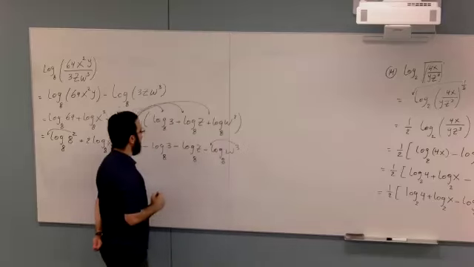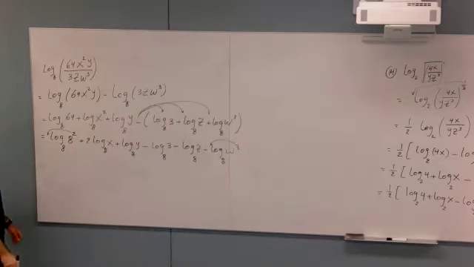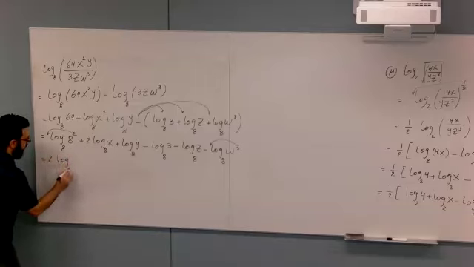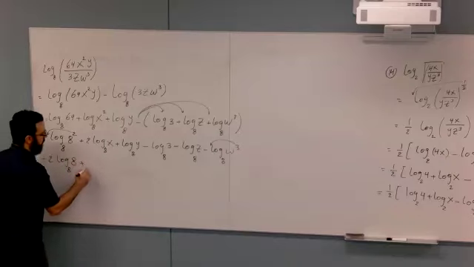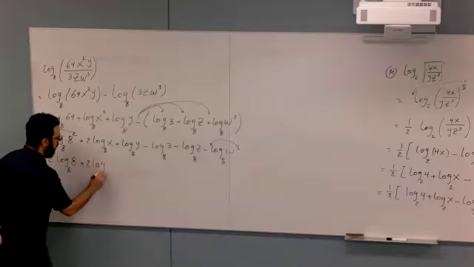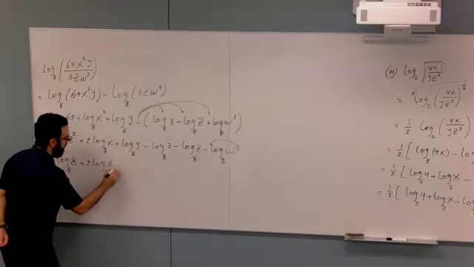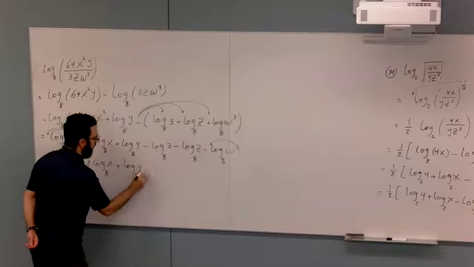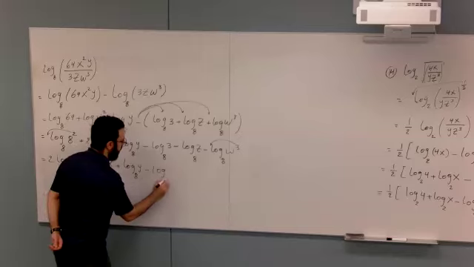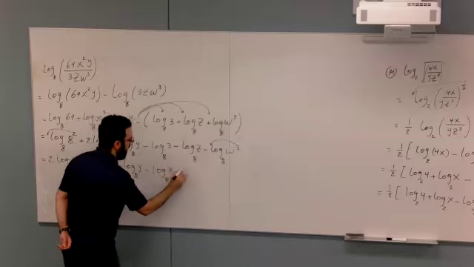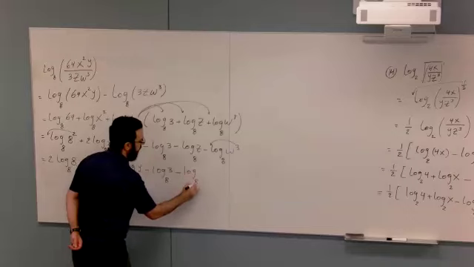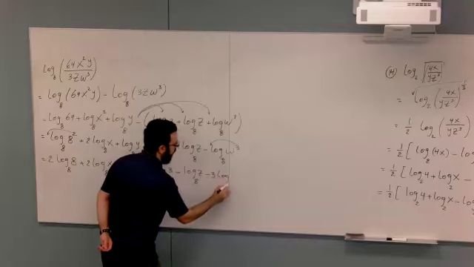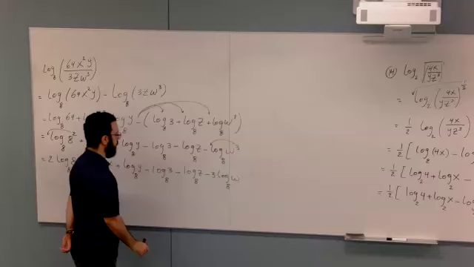Now move the 3 here and move the 2 here. So it's going to be 2 log to the base 8 of 8 plus 2 log base 8 of x plus log base 8 of y minus log base 8 of 3 minus log base 8 of z minus 3 log to the base 8 of w.